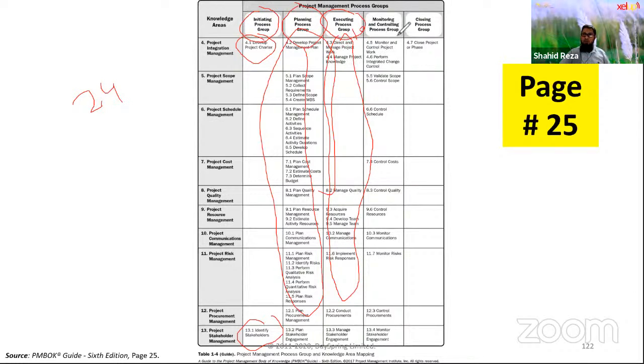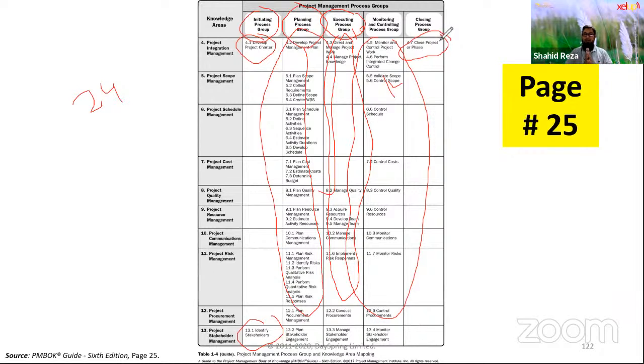And when you will do monitoring and controlling of your project, then you have to execute these 12 processes. And at the last stage, when you are doing the closing, then only one process you have to do. That one process is close project or phase.